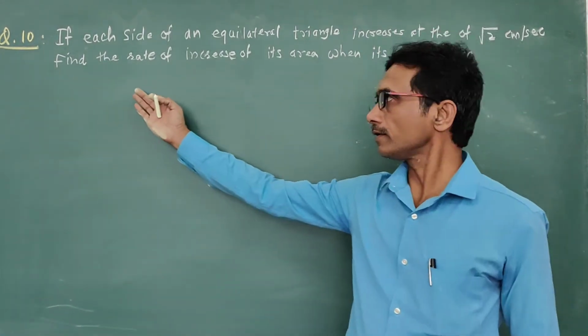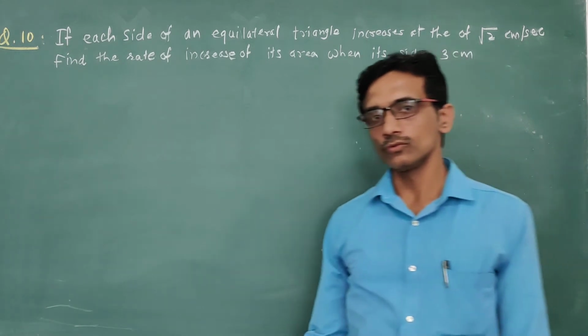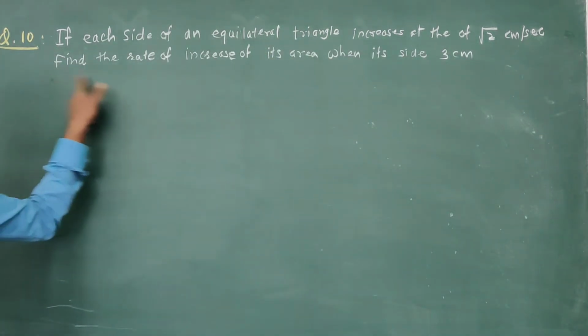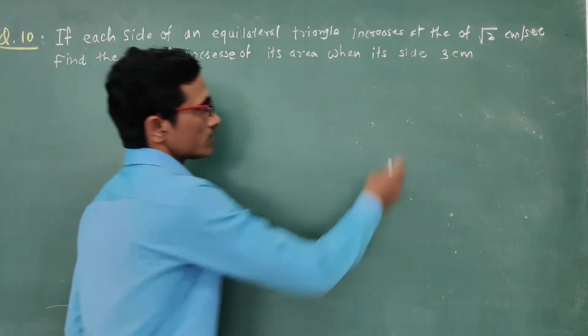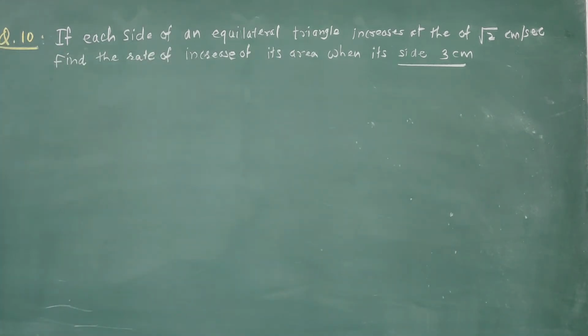Question number 10. If each side of an equilateral triangle increases at the rate of √2 centimeter per second, find the rate at which the area is increasing when the side is 3 centimeter. So here is the area of an equilateral triangle formula.